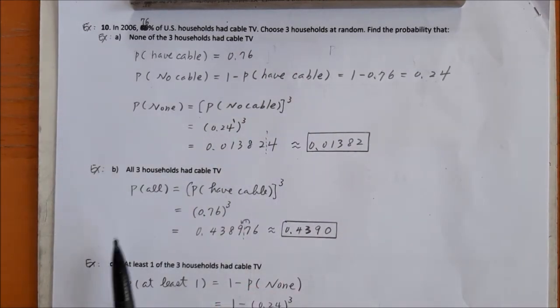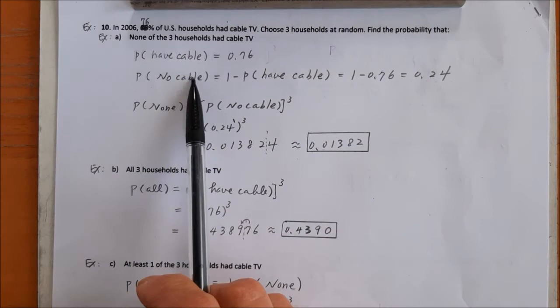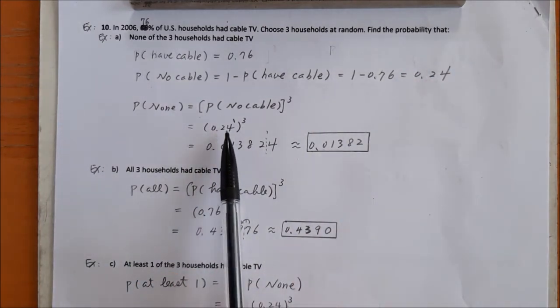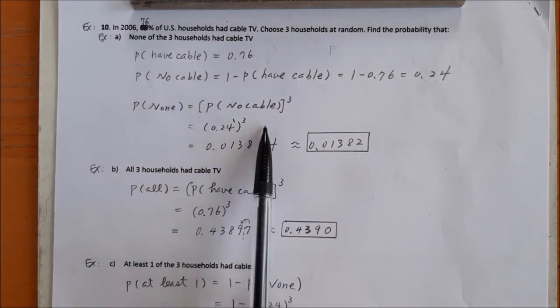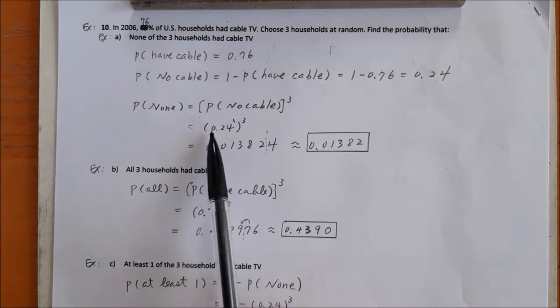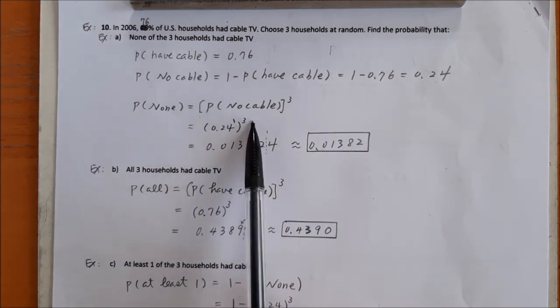So it's 0.24 times 0.24 times 0.24, which is 0.24 to the power 3.